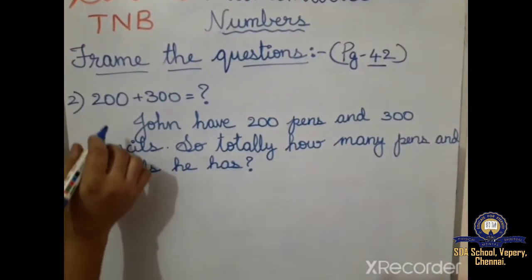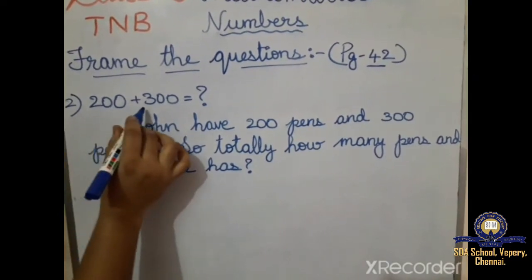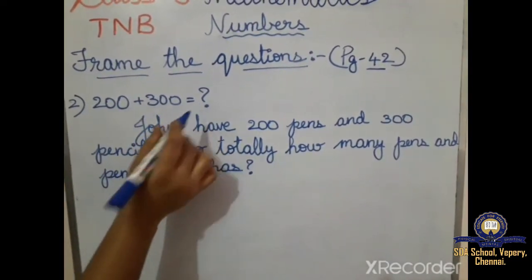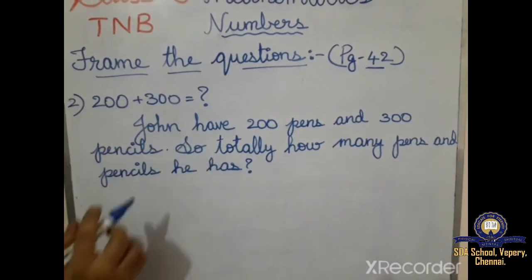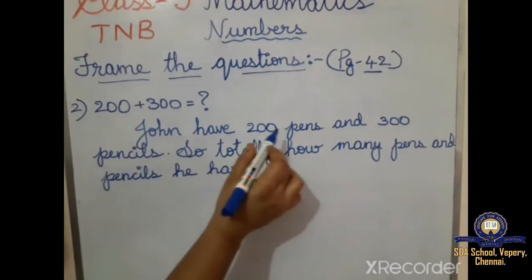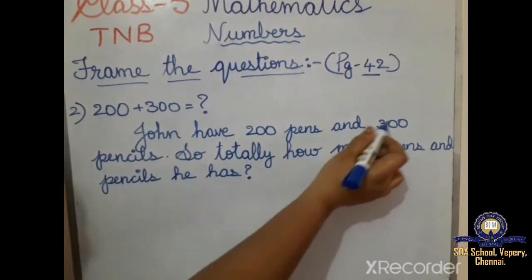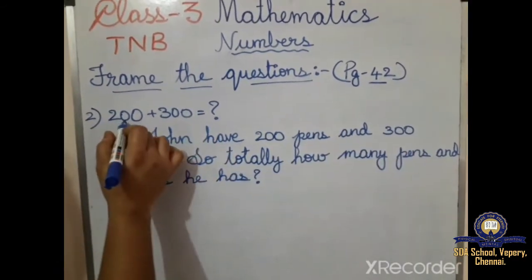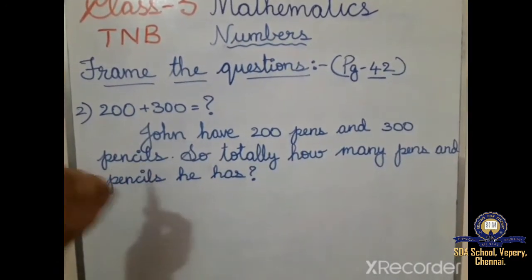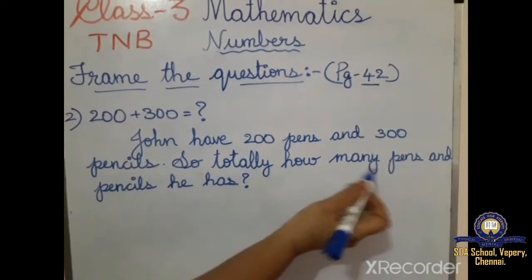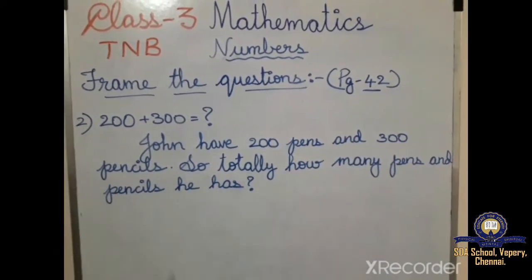The second sum: 200 plus 300 is equal to how much? We have to frame the question now. John has 200 pens and 300 pencils. So totally how many pens and pencils does he have?